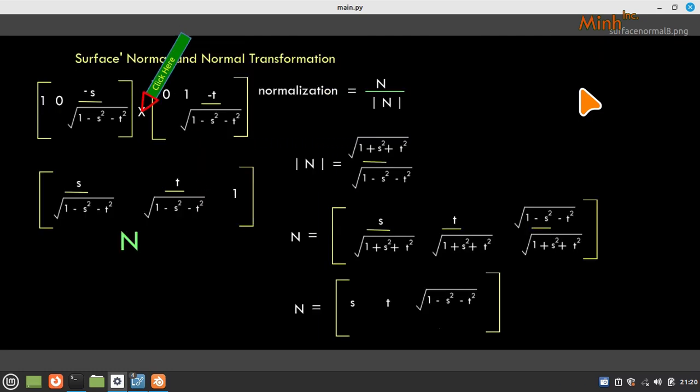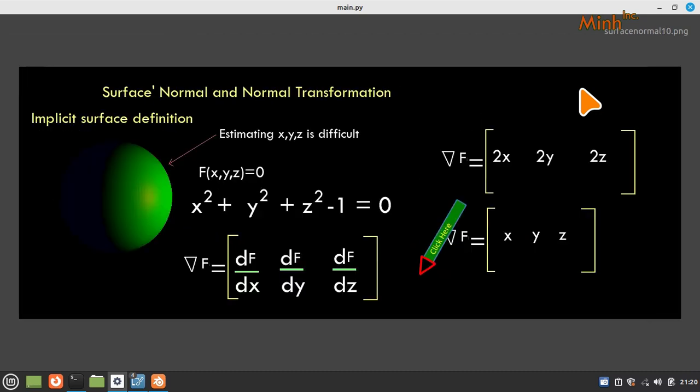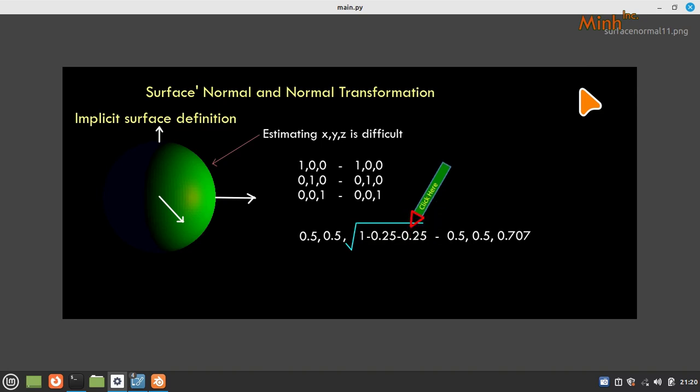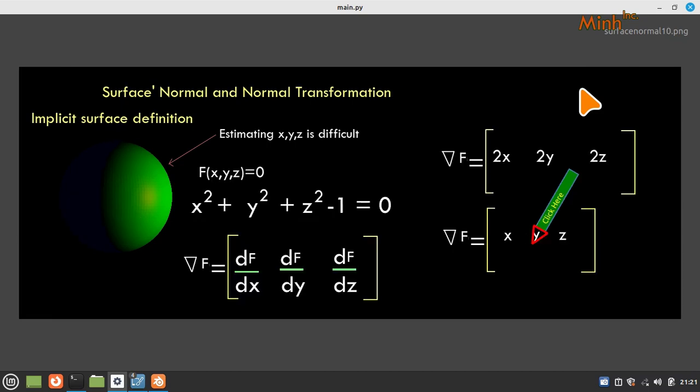Here we calculated with this formula, 1 minus s square minus t square. Here it is direct, but we have to find it; now this is difficult, the way we are saying. Now if x is 0.5, y is 0.5, what will be z? We have to calculate that based upon this formula. And then at that point the normal would be 0.5, 0.5, and this leads to 0.707. So it is exactly like this.